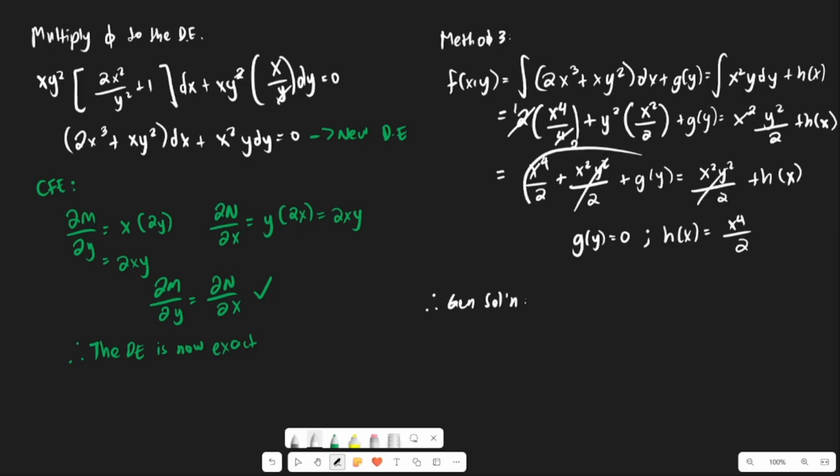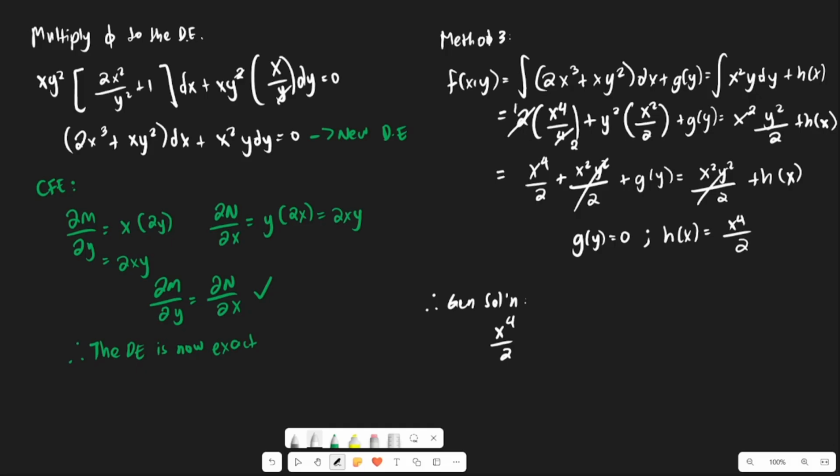So this is f of xy, and we just fill out all the values.